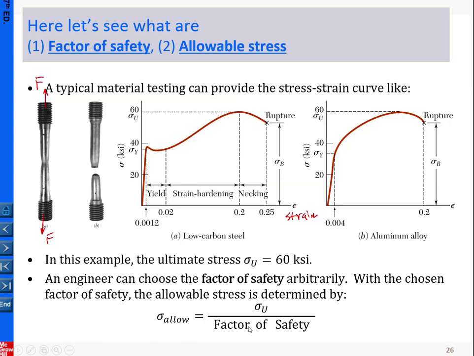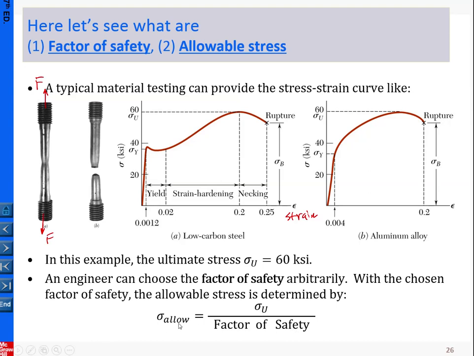For another example, if another engineer picks a factor of safety equal to 5, then 60 divided by 5 equals 12. So for the second engineer, the allowable stress equals 12. For example, some rookie engineer would pick a factor of safety equal to 1.